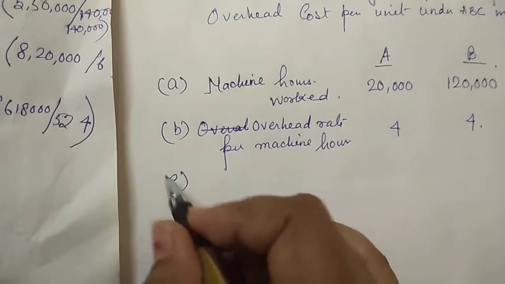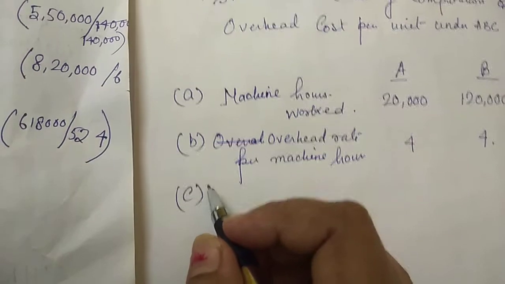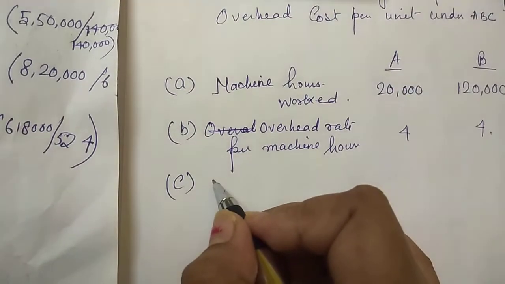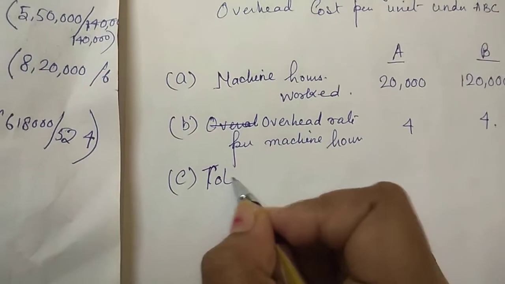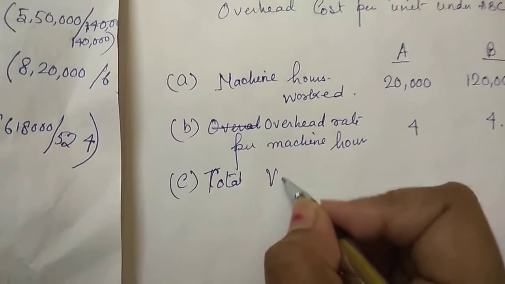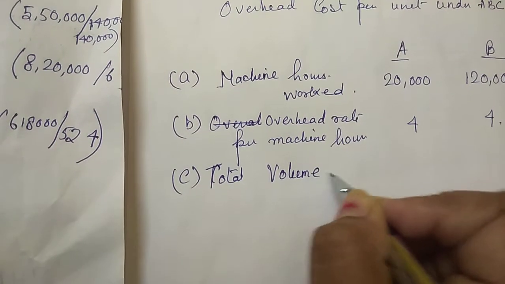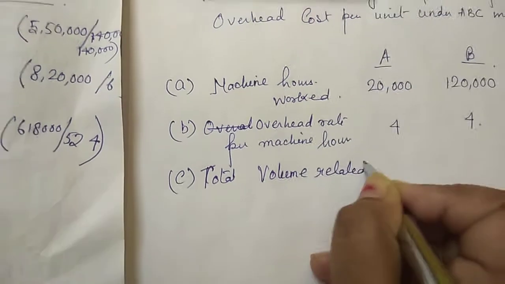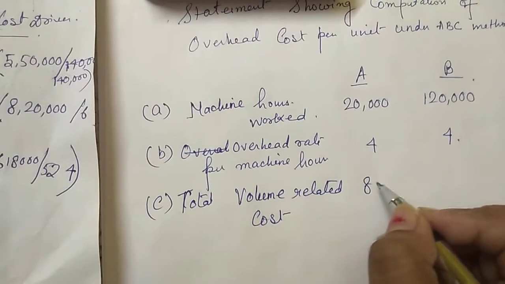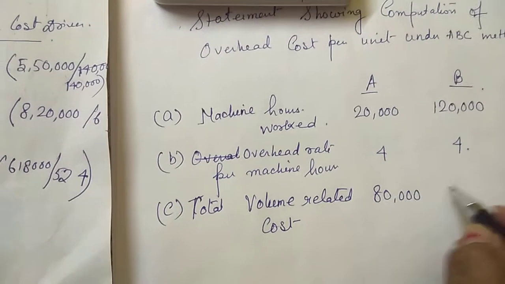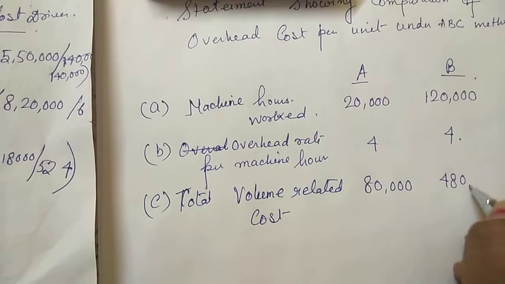So the total volume related cost comes to 80,000 for A and 4,80,000 for B.